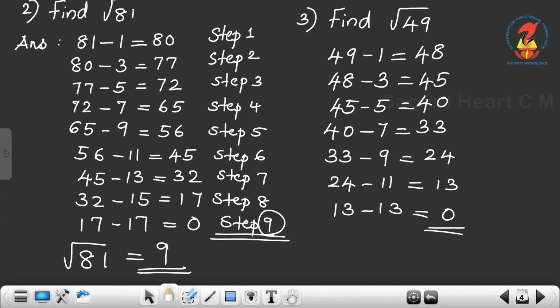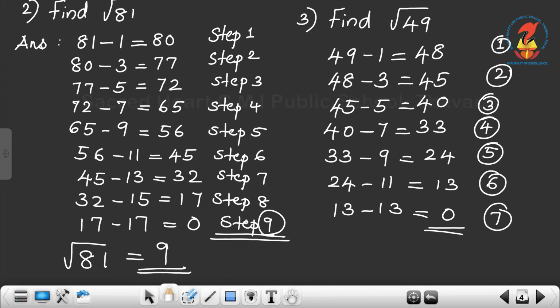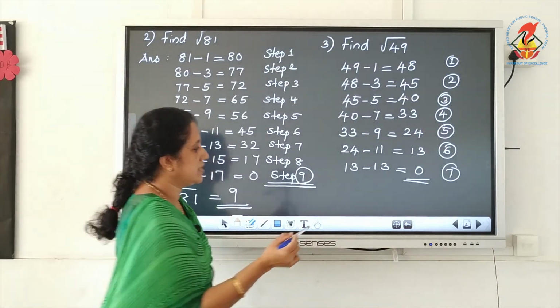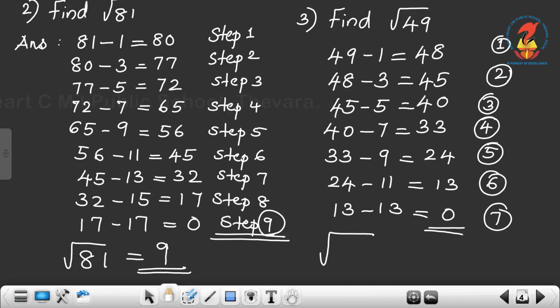Now we have to count the steps. This is step 1, step 2, step 3, step 4, step 5, step 6 and step 7. At which step did you get 0? At the 7th step. Therefore, the square root of 49 equals 7.